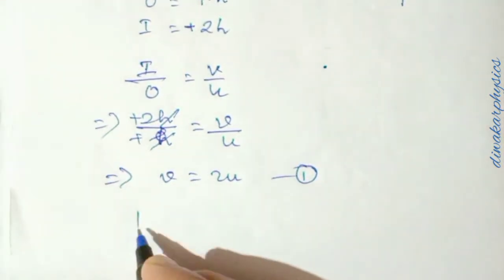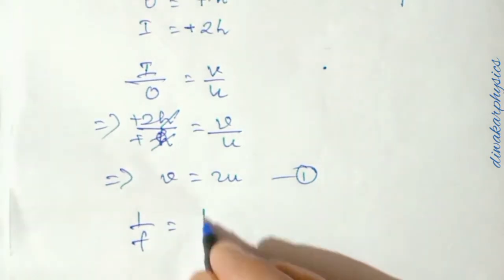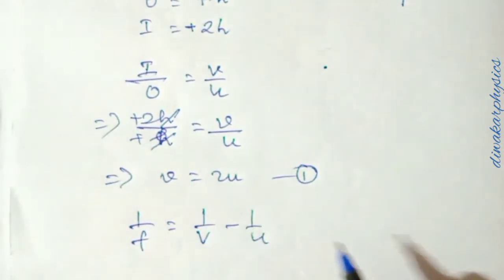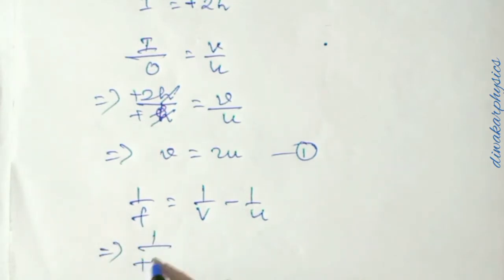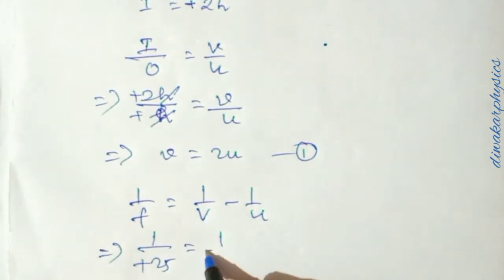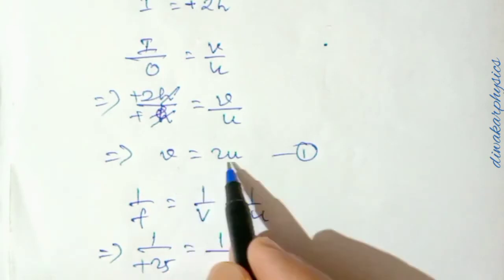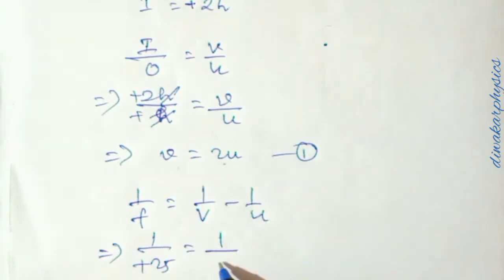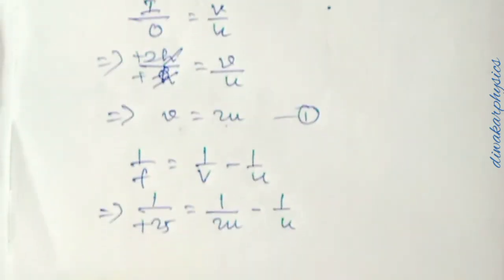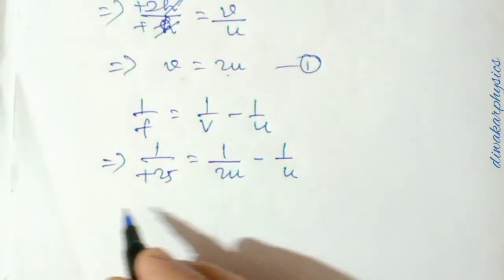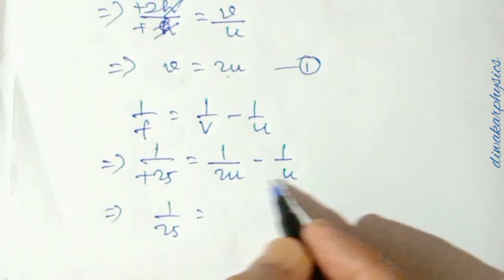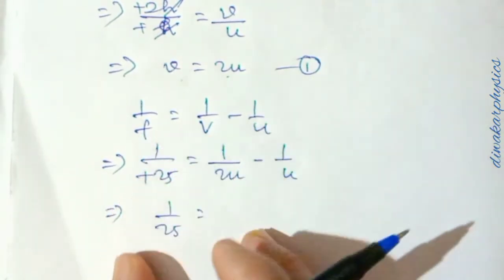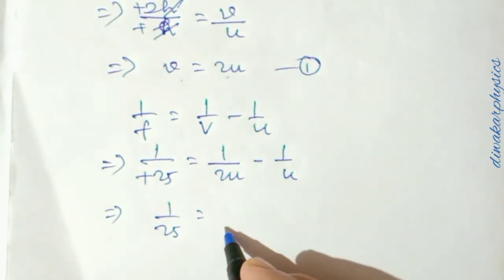Now we'll take the formula 1 by f is equal to 1 by v minus 1 by u. Then 1 by plus 25 is equal to 1 by v. Now you see this v can be written as 2u, minus 1 by u. So 1 by 25, now the only variable left is u, and solving this you will get the value of u, what is required.